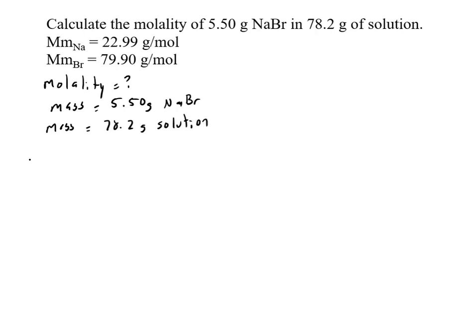Now, I want to point out that in general, the solution is always made up of two things. So the solution is the solute, which in this case is NaBr, plus the solvent, which it doesn't state, but we're going to assume it's water unless it tells you something different.